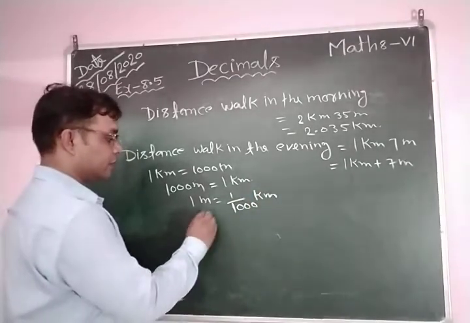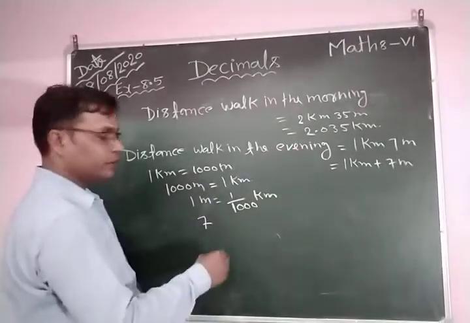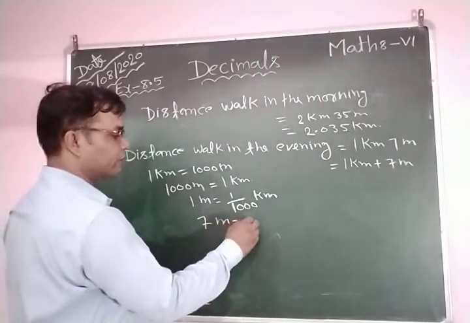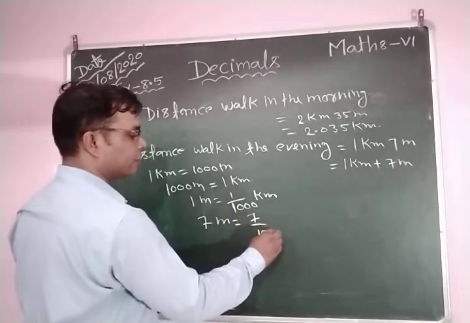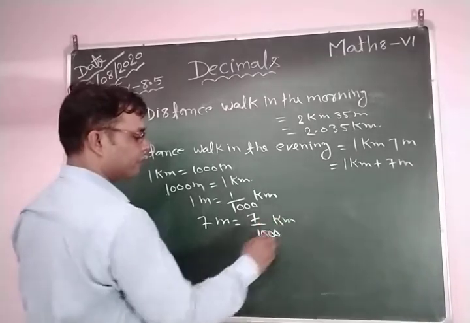Here we have 7 meters, so 7 meter is equal to 7 by 1000 kilometer.